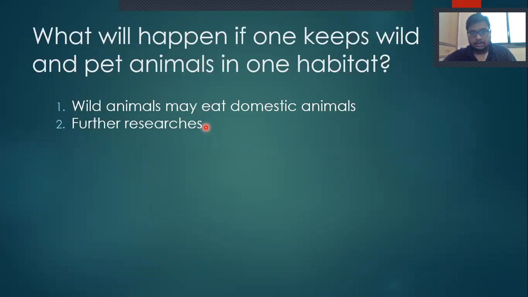So they both can live together because they don't know that they want to kill each other. Okay, so these are recent researches that you must know. But in general, if wild animals and pet animals are kept in one habitat, then it is certain that wild animals will eat pet animals.